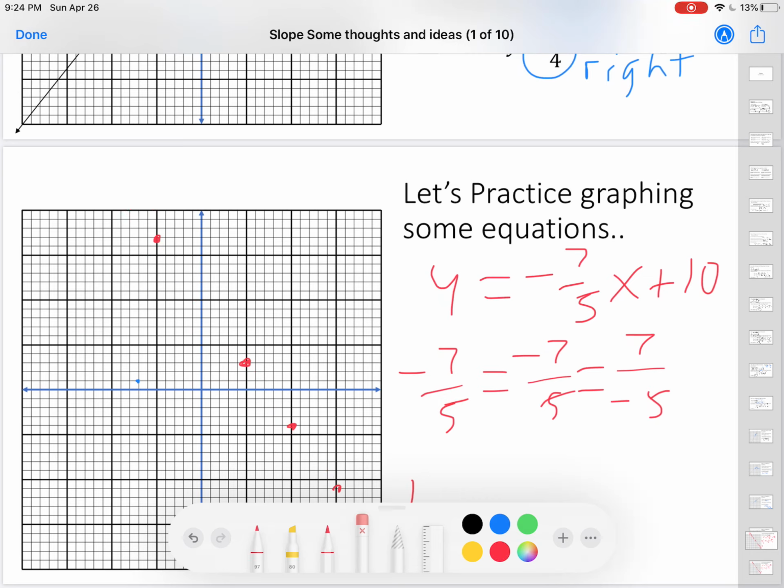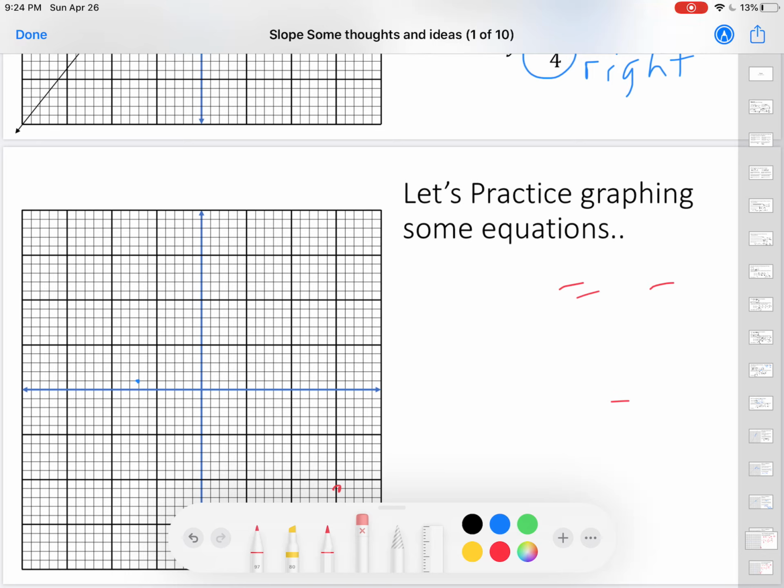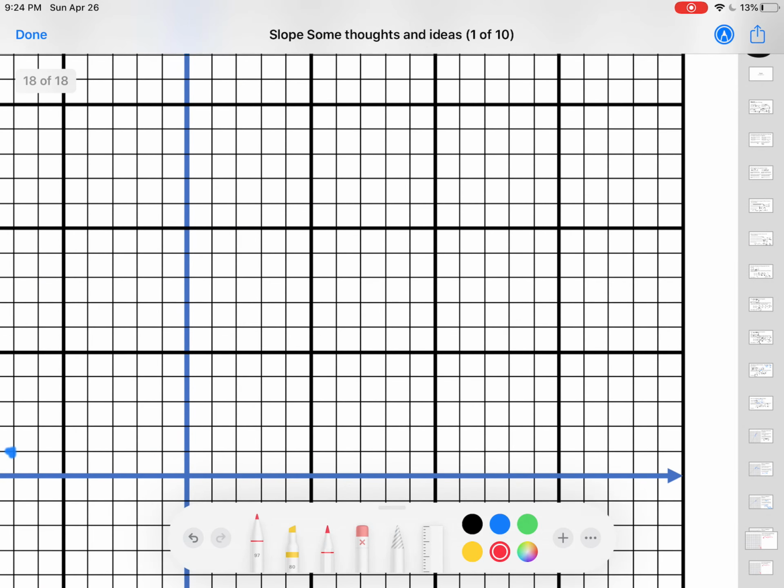One more. I just want you to see what happens if it's a whole number. Okay, so let's try y equals negative 6x plus 8. We'll start at 8.